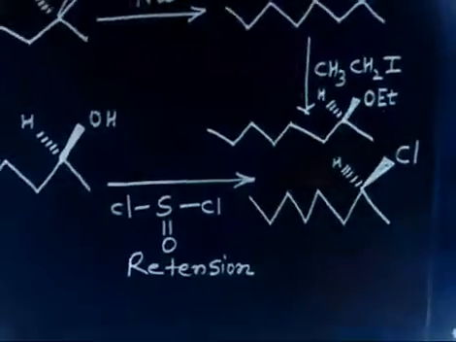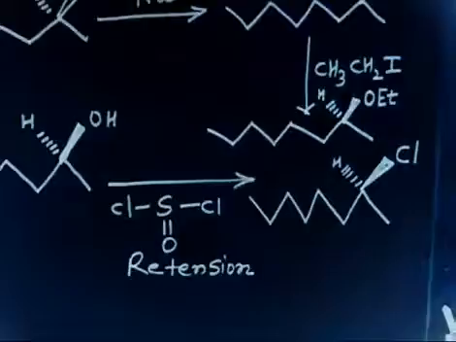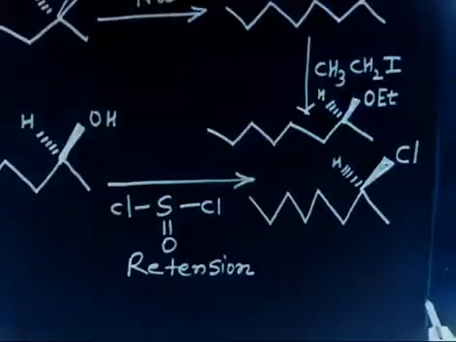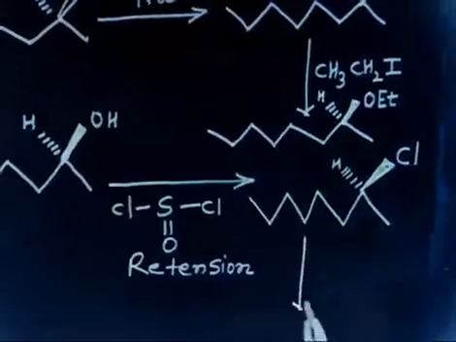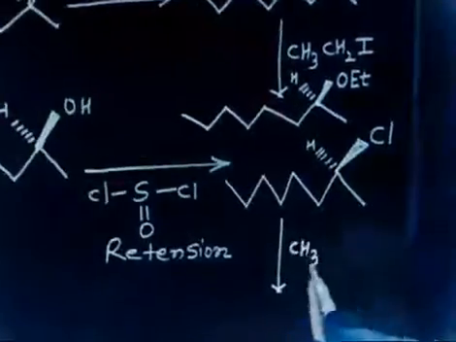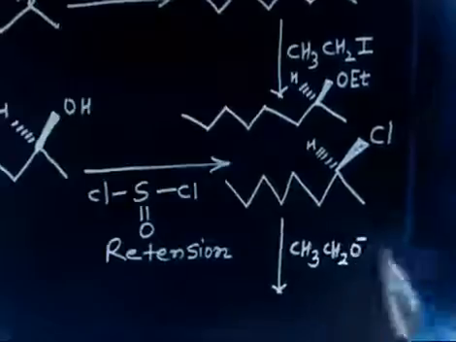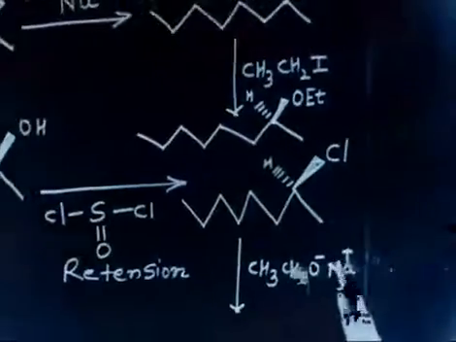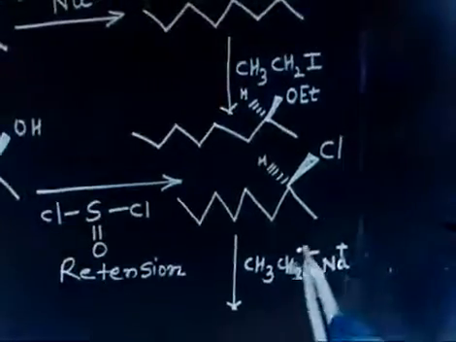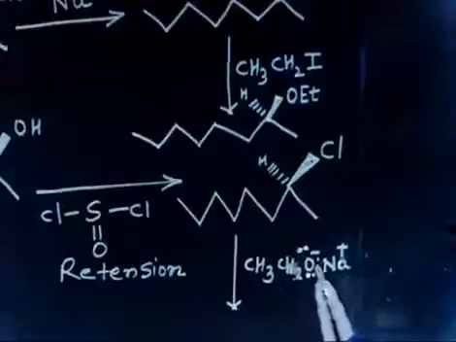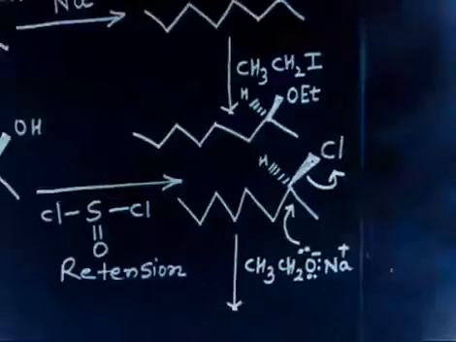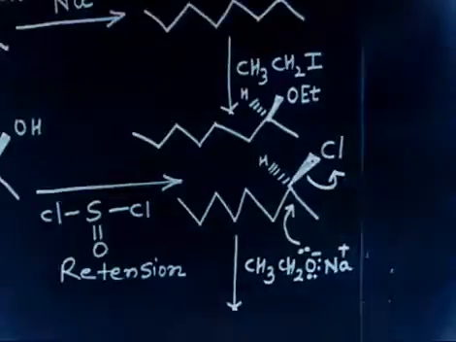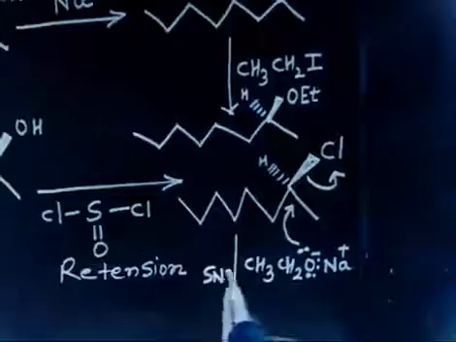Now the second step says this compound is further treated with sodium ethoxide, NaOEt, that is CH3CH2O minus Na plus. Now an SN2 reaction will take place. This O minus will act as a nucleophile and attack here, and this will go up. This time inversion of configuration will take place because SN2 goes with inversion.